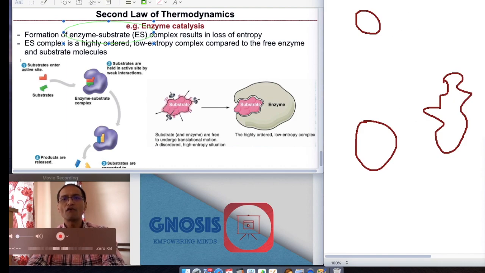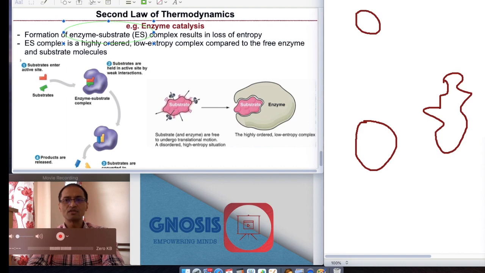So the level of entropy here is very, very high. But because enzymes have active sites which are very specific to the substrate, the enzyme can help bind the substrate to the enzyme. So you have binding of the substrate to the enzyme via the enzyme active site.